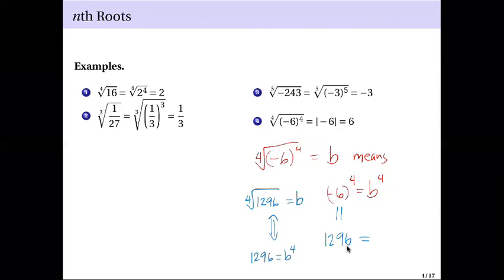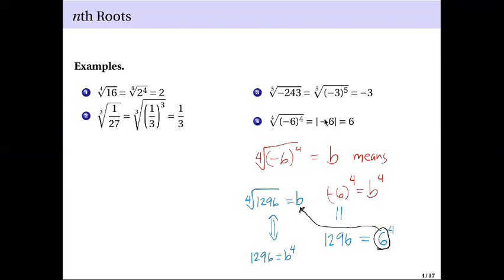And this 1296 here is actually equal to 6 to the 4. So in here, what you actually see, fourth root of negative 6 to the 4, that is equal to positive 6. So this 6 here is the b in here. That's why we have b equals 6 in here.